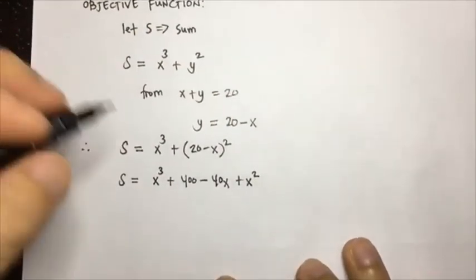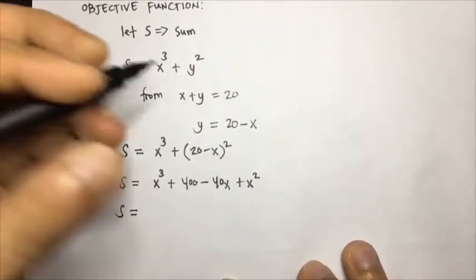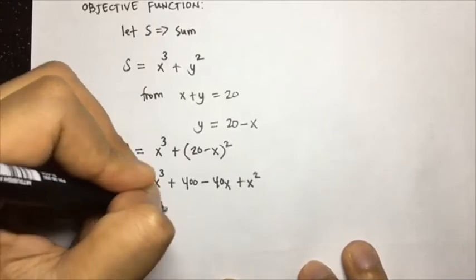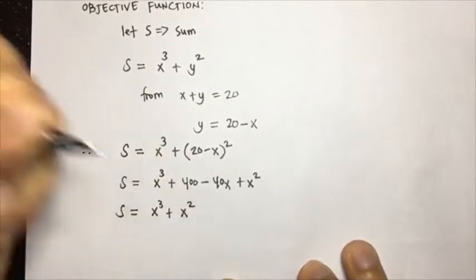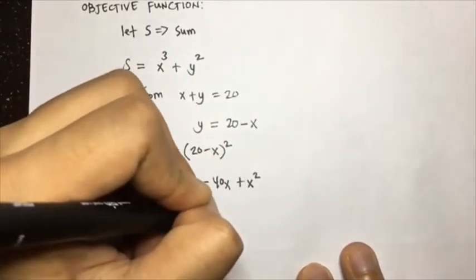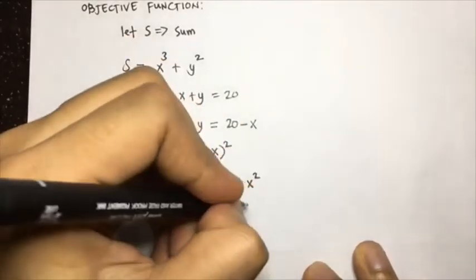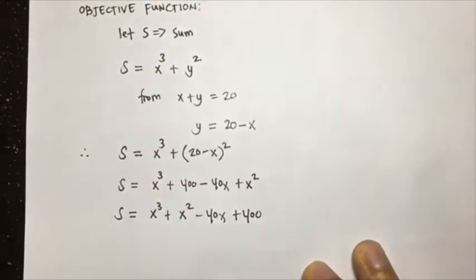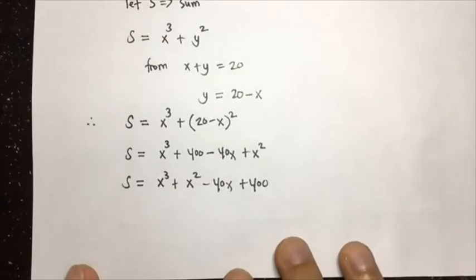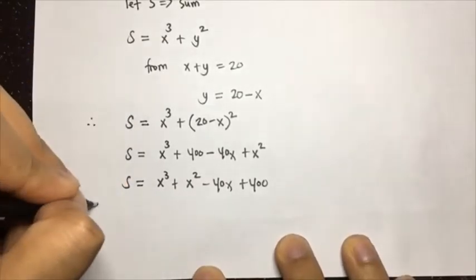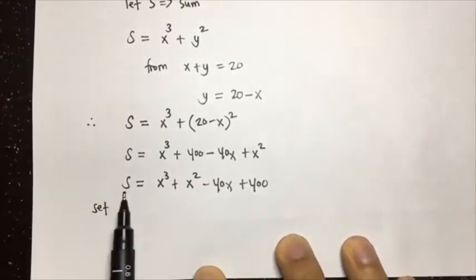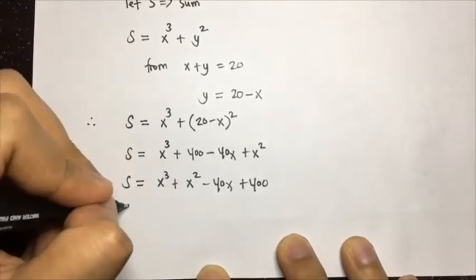If you want to rearrange it, we will have s is equal to x cubed plus x squared minus 40x plus 400.